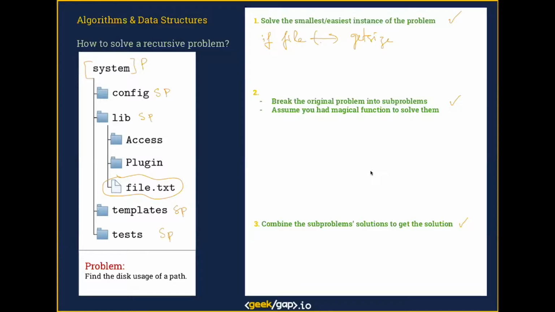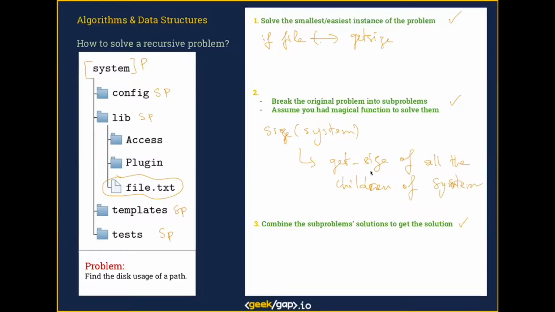Really what you want to do is, if you're asked the size of the path called system, get the size of all the children of system individually.